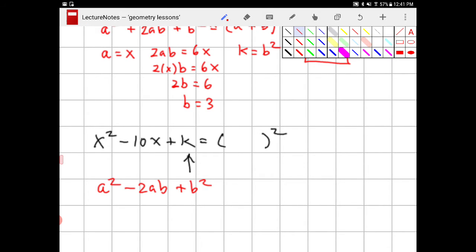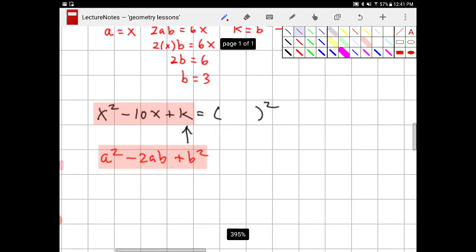We're trying to make this equation look like this. Okay? So with that said, let's take a look. I know that a corresponds with x squared, so therefore a must equal x.